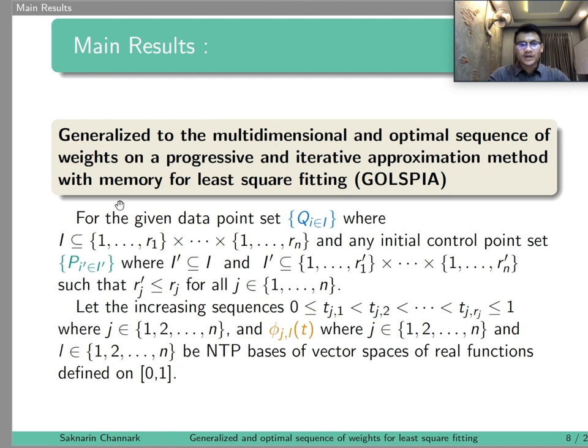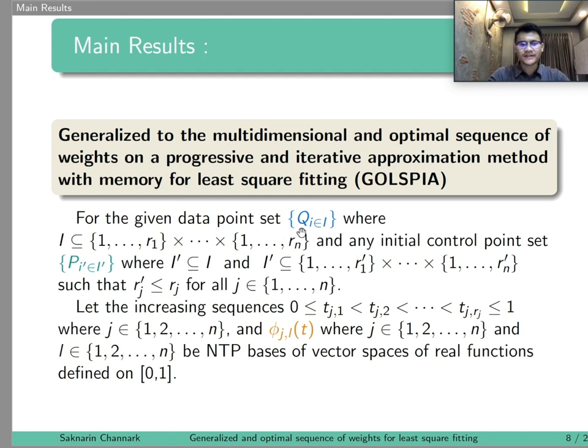Next will be the main result. For the main result, we generalize to the multidimensional case and relax to an optimal sequence, finding the optimal sequence of weights on the progressive iterative approximation method with memory for least square fitting, which we can call GOLSPIA.